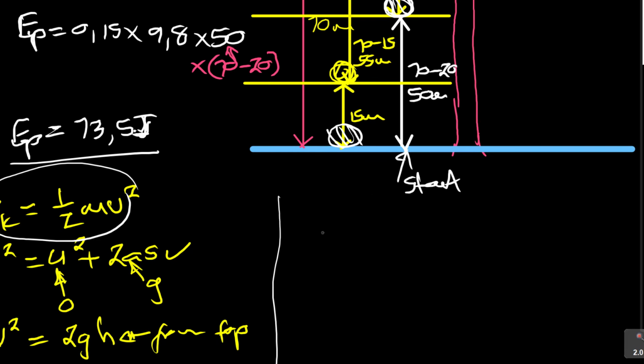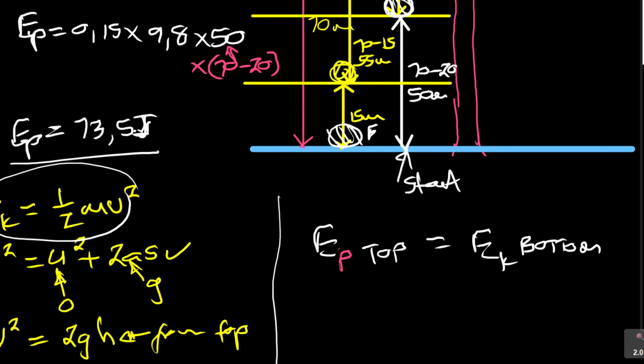Then you use the formula that the potential energy EP at the top is equal to EK at the bottom. Remember, it's converting potential energy, which was at the top, into kinetic energy.